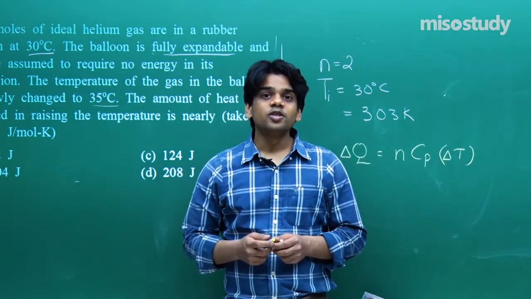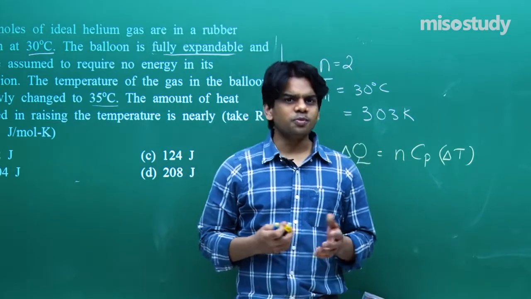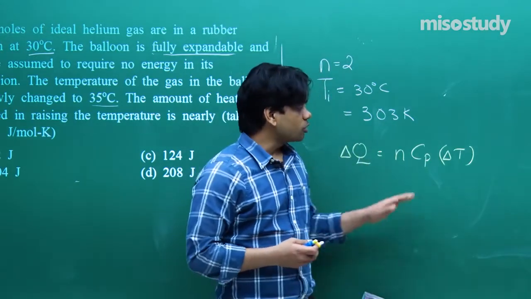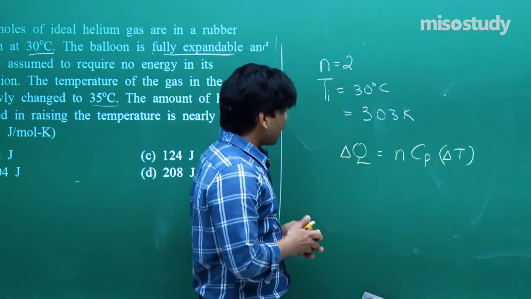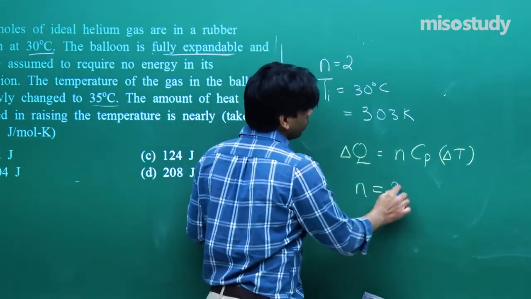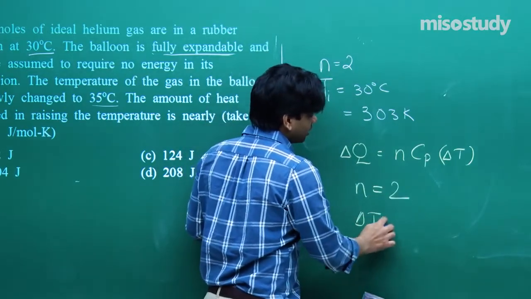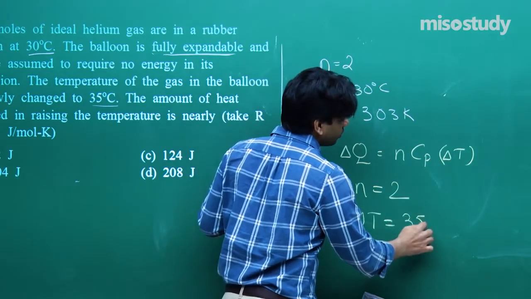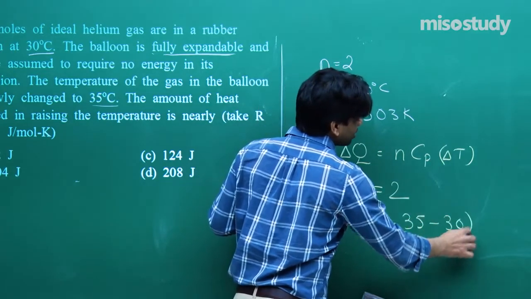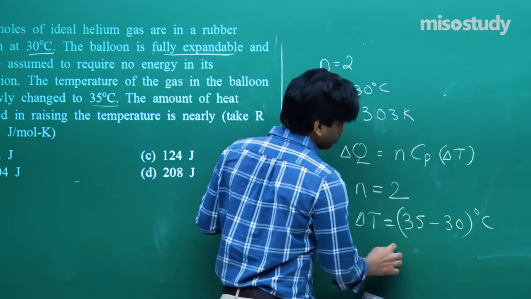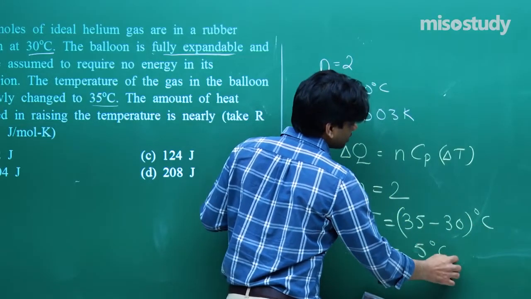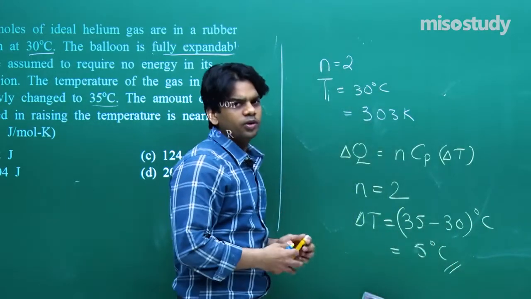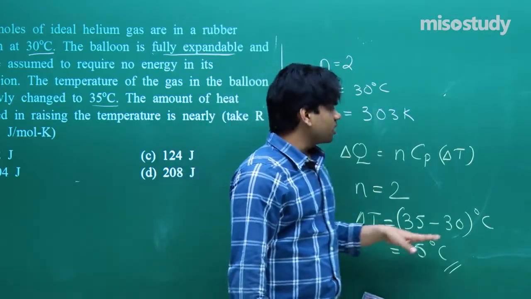So we need to know the value of Cp for helium gas, and we need to know the value of delta T. So I'm going to write the value of n, that is 2. We know that delta T, since it is taken from 30 to 35 degrees Celsius, will come out to be 5 degrees Celsius. All the things are given here.